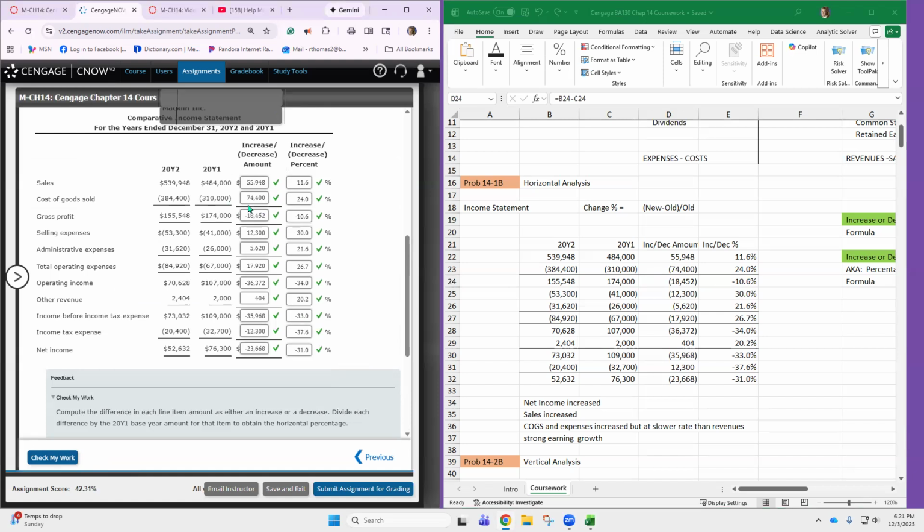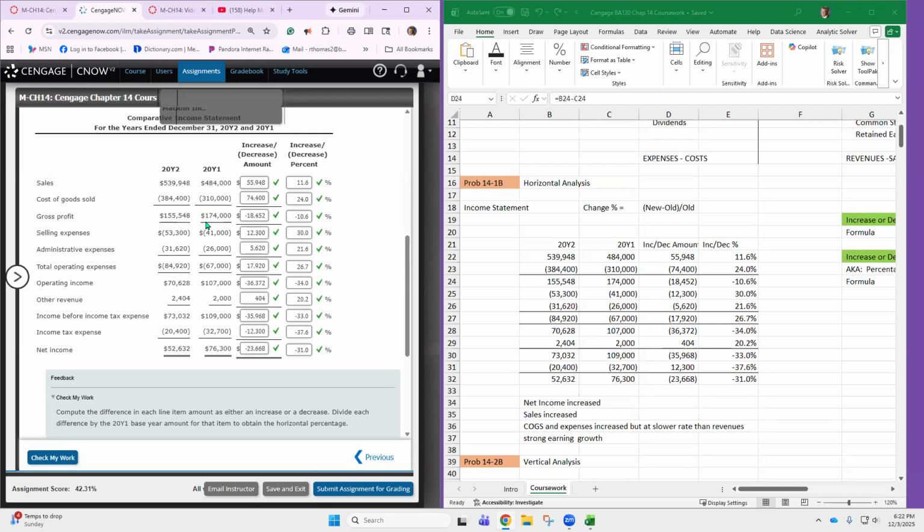That's good. But, okay, so here's what I have. Let me see if I can make sense. So our sales went up. That's no problem. The amount it went up, and then the percentage it went up. Our cost of goods also went up, which we would expect it to go up some. But if it went up the same amount that the sales went up, the amount over here ought to be about 11.6% also. When that's the case, what happened to gross profit here?